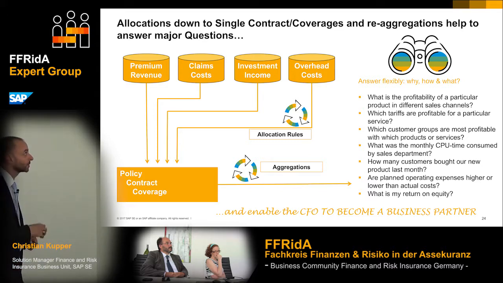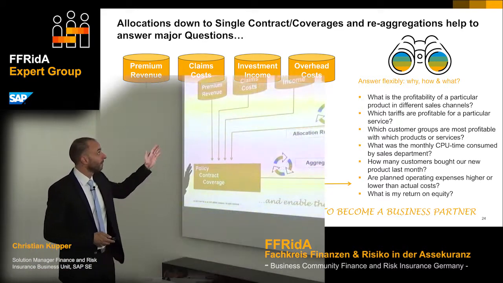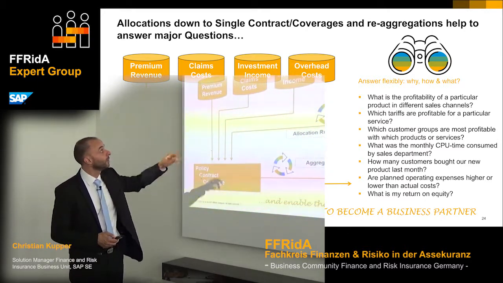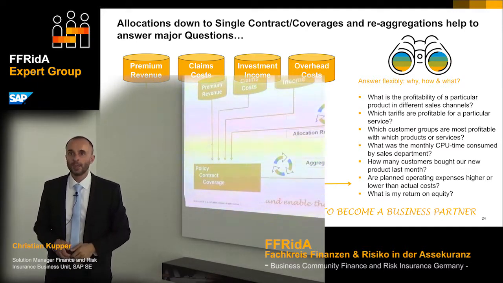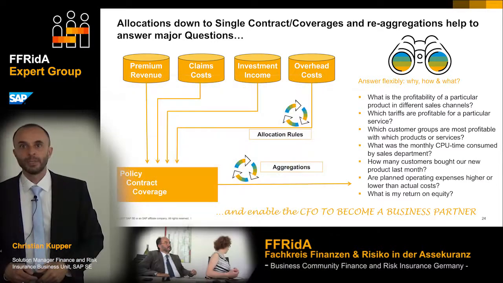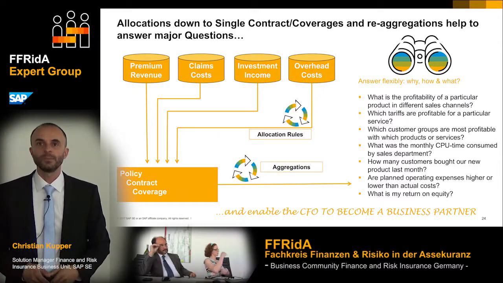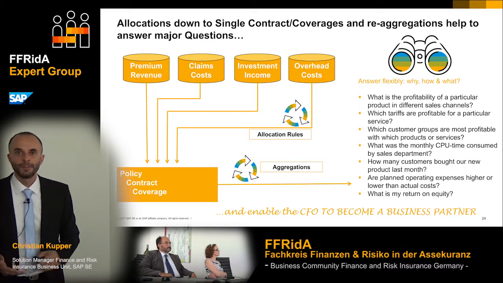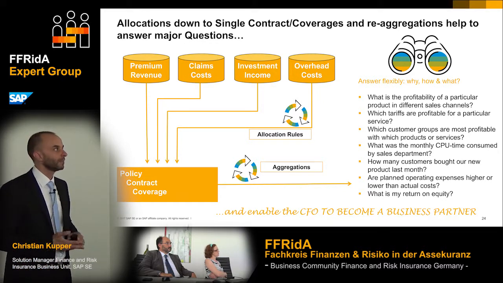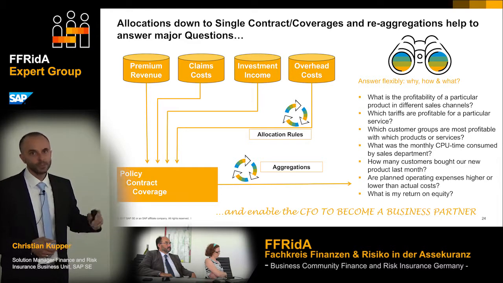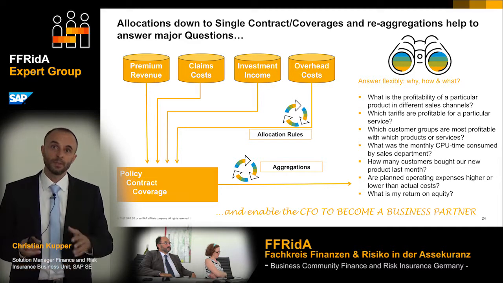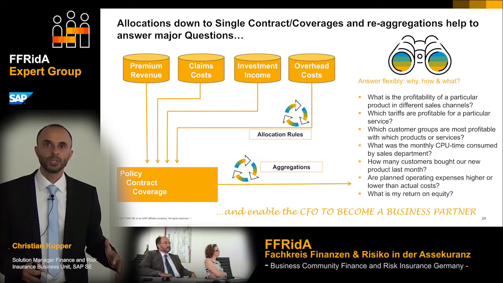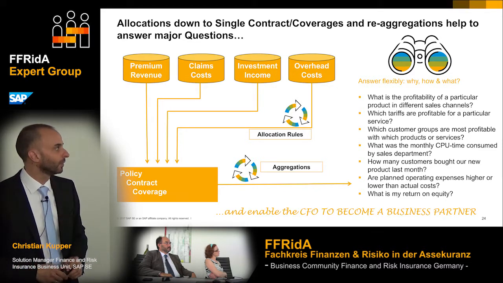So what they did actually, they have direct flows like the premium, the claims, and so on, but they also have 500 different cost items from CO, like cost of sales, cost for the building, cost for IT infrastructure, and so on. And they use this framework to allocate this all down according to rules, to single contract or coverage level, and then to reallocate it.